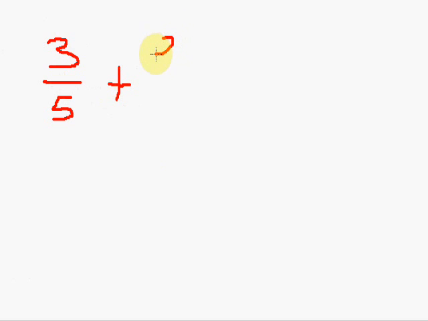This is 3/5, and we're going to add this to 2/3. Again, we have different denominators. We have 5 and we have 3. So we need to have a common denominator.